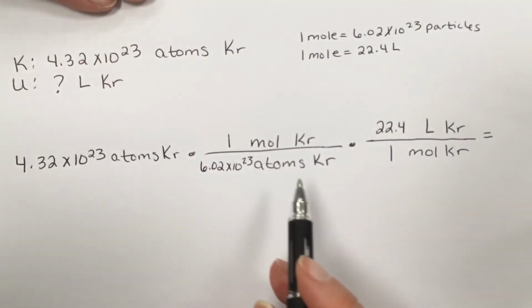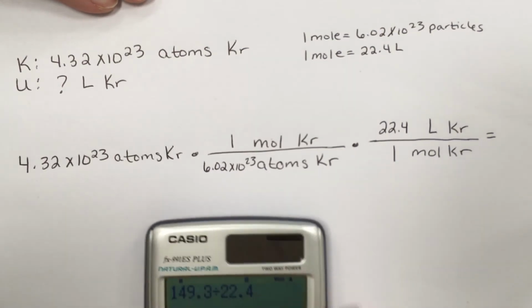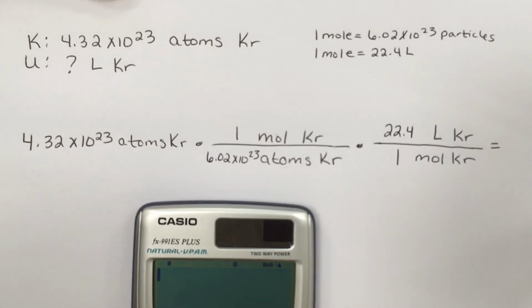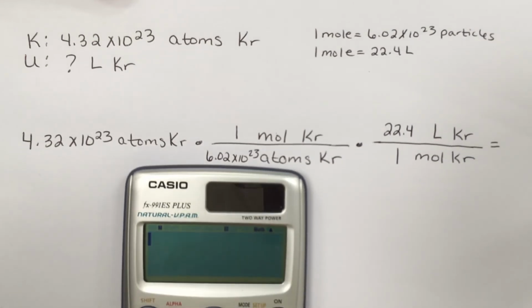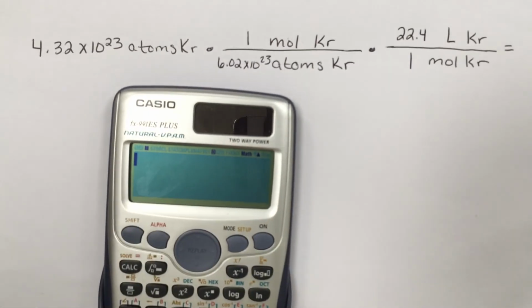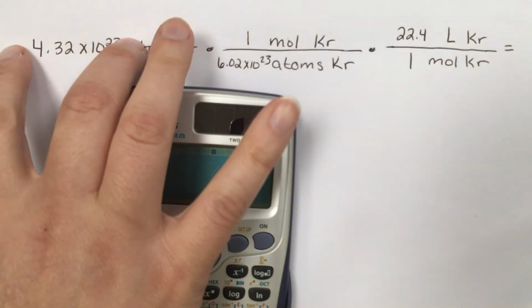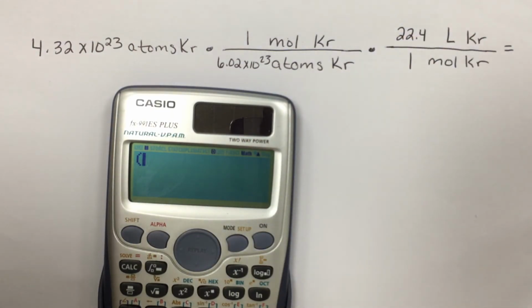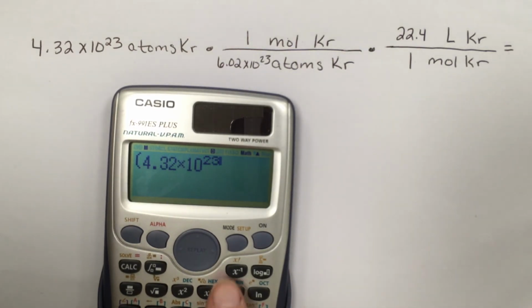So now all we're doing is taking our equation and plugging it into our calculator. I don't know if you can see. We're going to go up here. Again, I like to put these in parentheses and then divide and then multiply. So we have 4.32 times 10 to the 23rd, close parentheses.